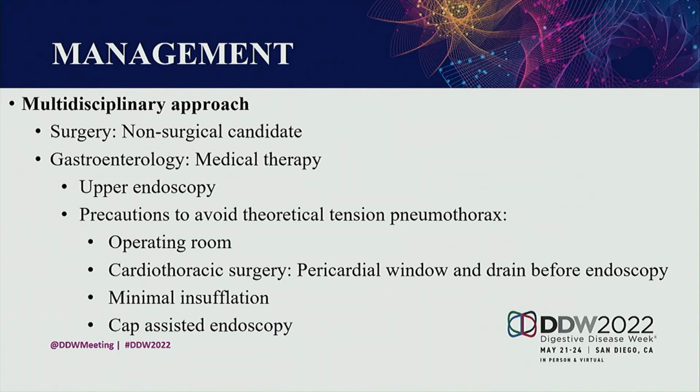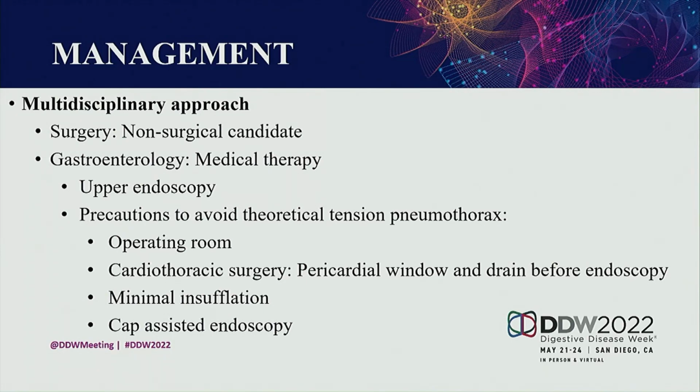So we had the procedure done completely in the operating room, with our cardiothoracic surgery colleagues performing a pericardial window with drain placement before endoscopy, to allow any possible air leak. This was done with minimal insufflation for the same purpose.